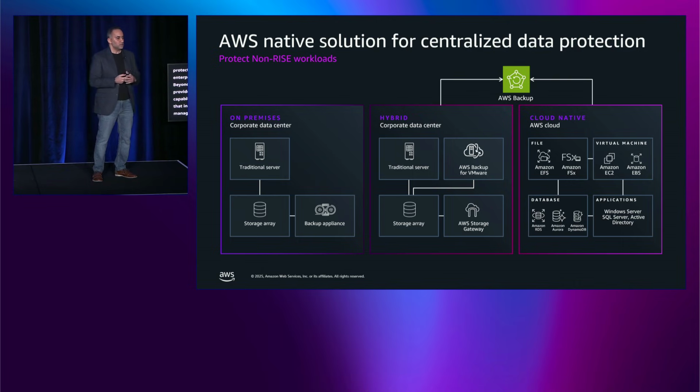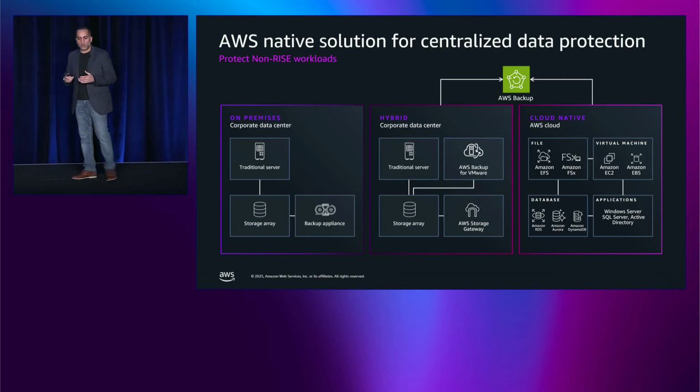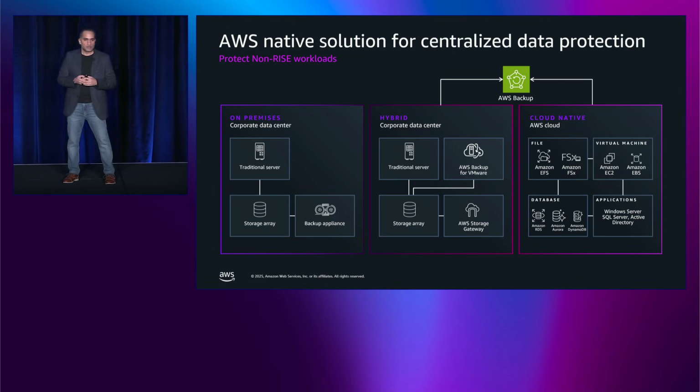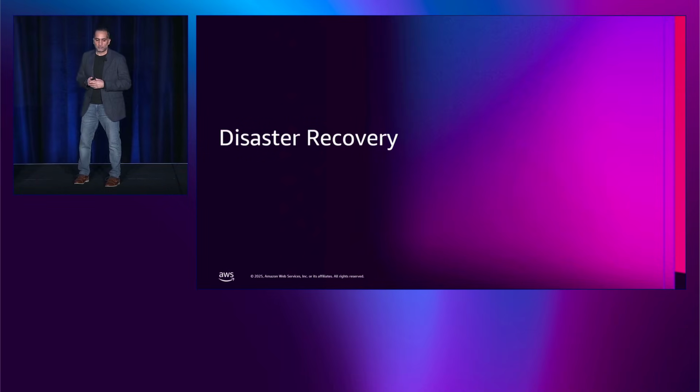Key features include ransomware recovery with logically air-gapped vaults, integration with AWS KMS for encryption, and cross-account management using AWS Organizations. Additionally, you can use AWS Backup Audit Manager, which helps to audit and monitor your data protection activities to meet your compliance requirements.